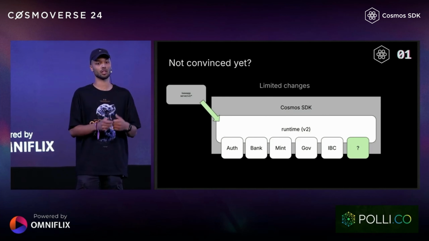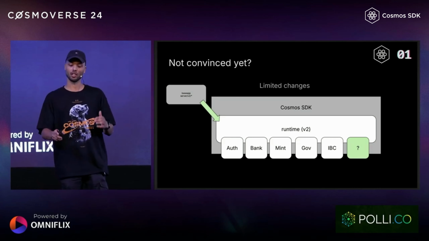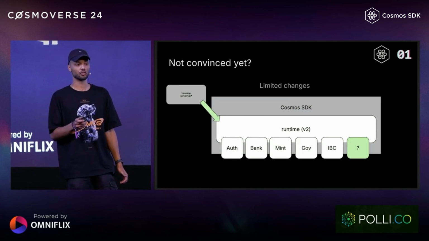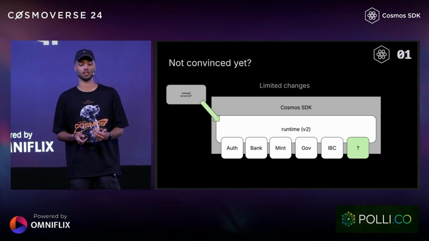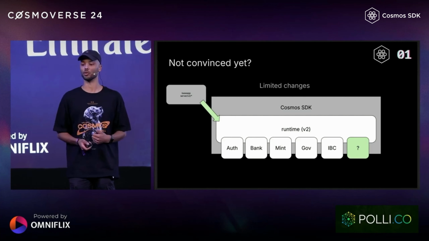But if you want to keep using the SDK as a framework, that is possible. The Cosmos SDK provides all the good defaults, and you just have to care about building the building blocks of your module. But if you really want to dive into switching STF or the different implementations there and do some tweaking, that is possible right now with V2.